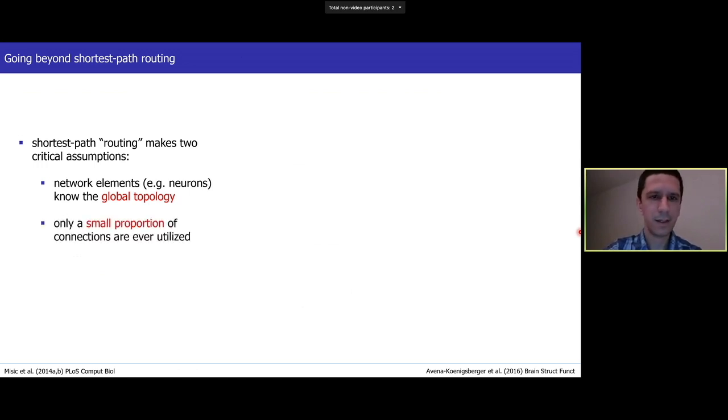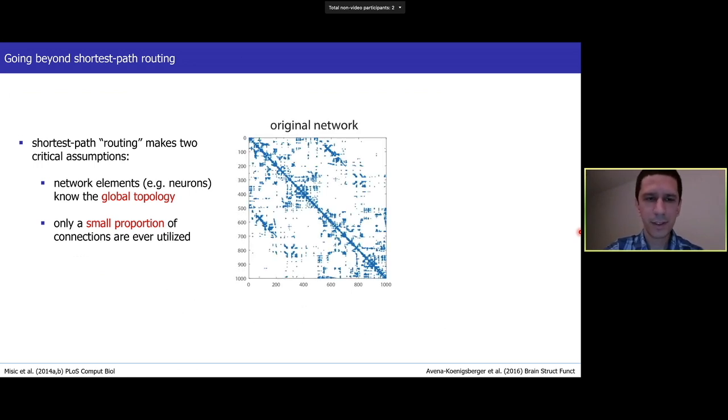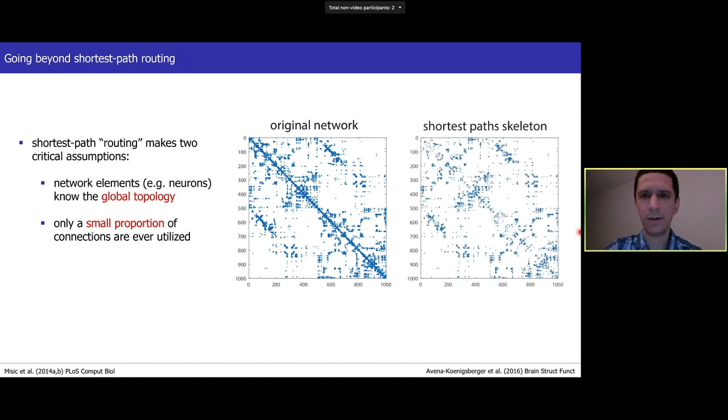The other assumption that we make is that really only a small proportion of the connections will ever be utilized. So just to illustrate this example, here is one network that's been reconstructed from diffusion-weighted imaging. It's got 1,000 nodes by 1,000 nodes. This adjacency matrix now is shown on the right, where I'm only showing you connections that participate in at least one shortest path in this whole network.